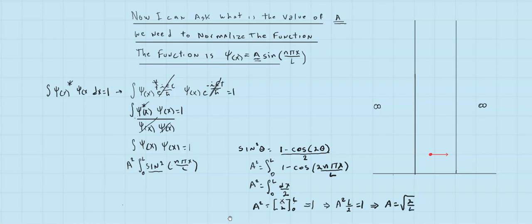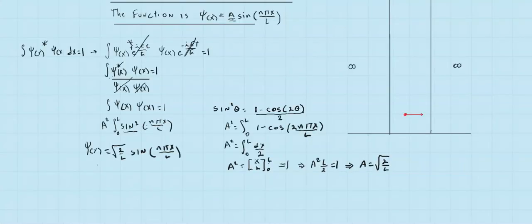by L. So now my eigenfunction, psi of x, is going to be equal to the square root of 2 over L sine n pi x over L. That is my eigenfunction. Okay?